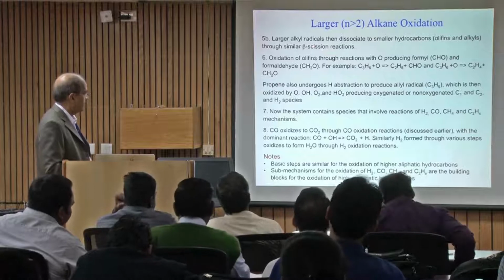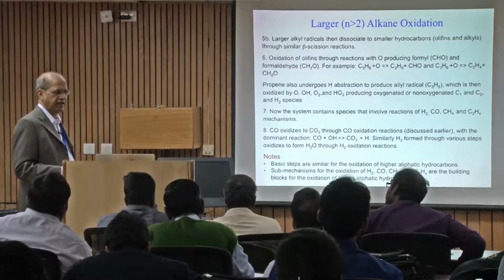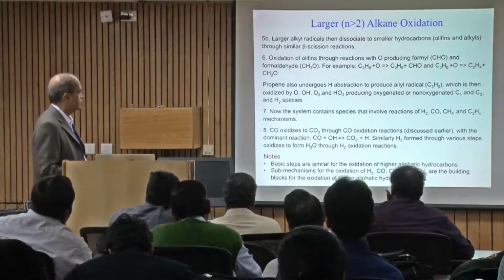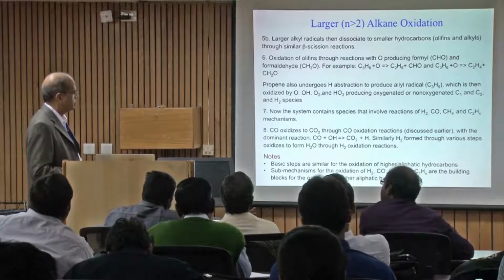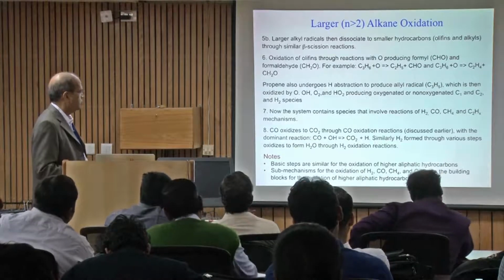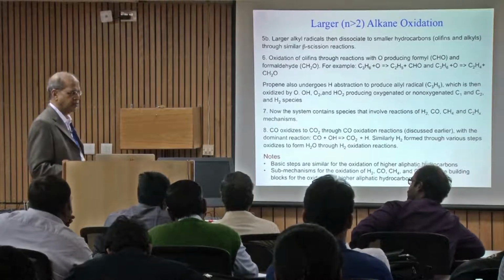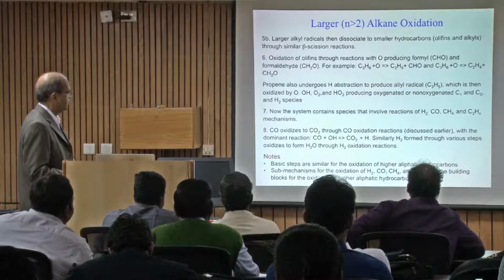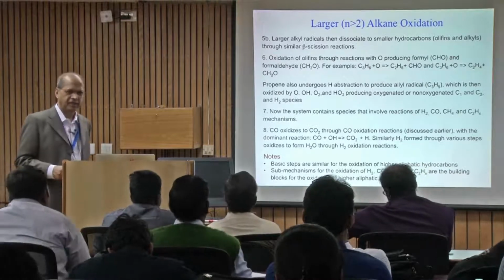And then the larger alkyl radicals like C7H13 or C5H11, okay, they dissociate to smaller hydrocarbons going through the beta scission reaction. So this is the net result of that beta scission reaction. So now you have olefins. Olefins are the same as alkenes.